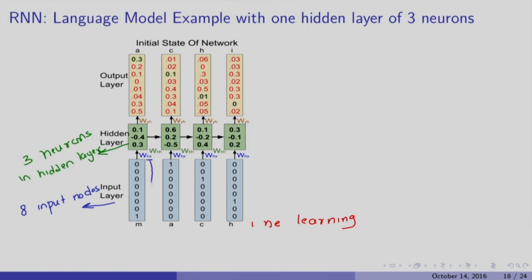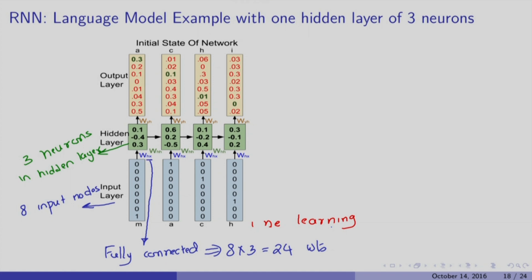So this WHX we will assume is a fully connected network, which means there are 8 into 3, which is 24 weights.